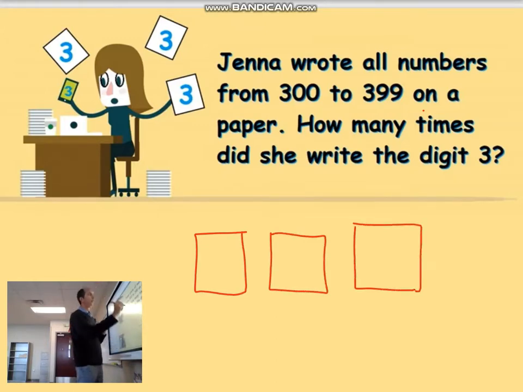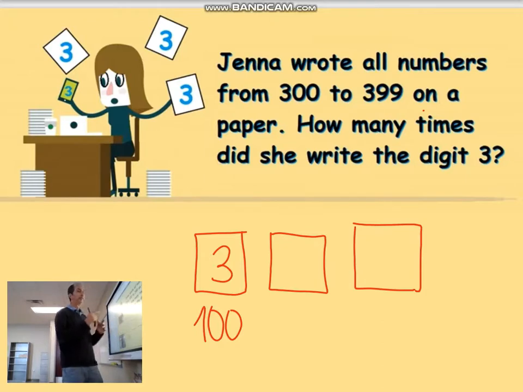From 300 to 399, all the hundreds digits are going to be threes, like 301, 302, 350, 370, 398, 399. So we're going to have 100 threes. On the tens, we will have from 330 to 339, 10 threes, 331, 332, 333, okay.